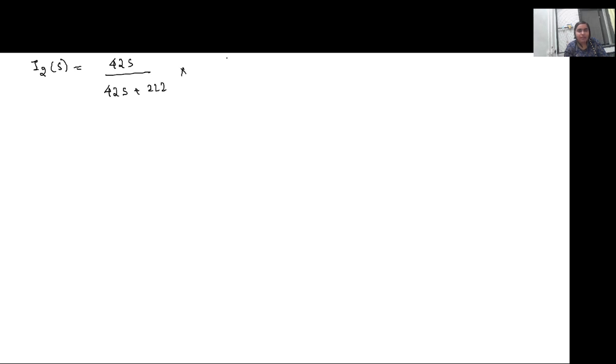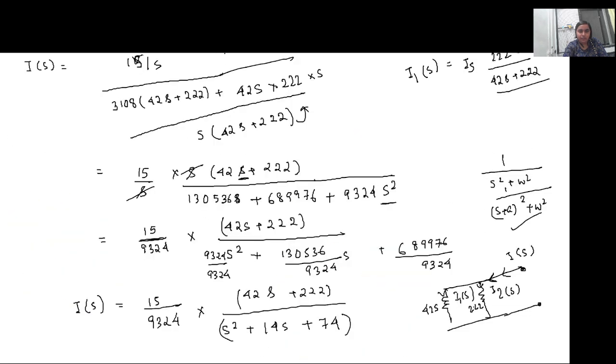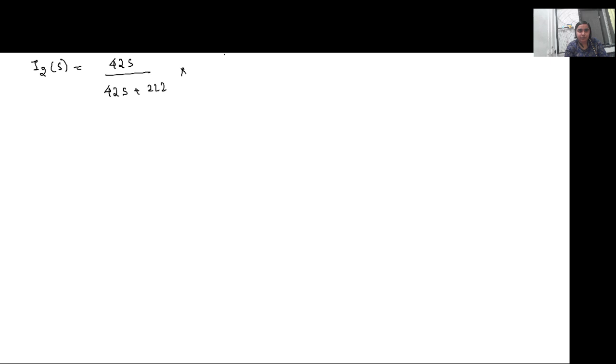And I of s, we have already seen, it is 15 by 9324. And in the numerator, since in the previous one we have just found it out, it will be the same thing, so I will write it in terms of s square plus omega square, right?